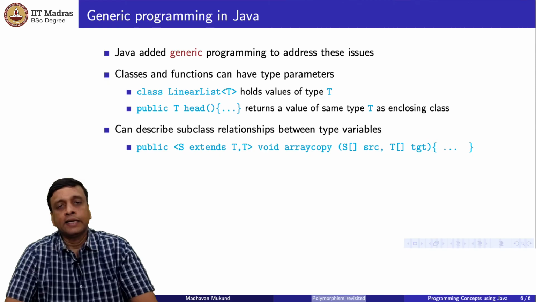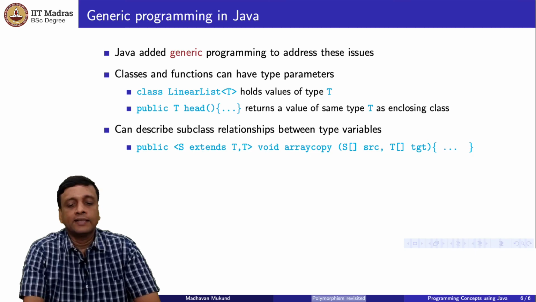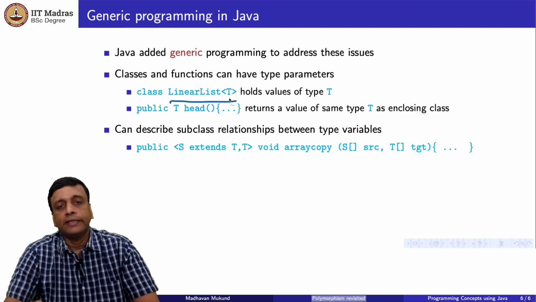So the idea in generic programming is that you add a new class of syntax called a type parameter. So for instance, if you want to say that a linear list that we have defined can hold an arbitrary value, but that value has a fixed type, then we'll say that it's a linear list of type T, right?